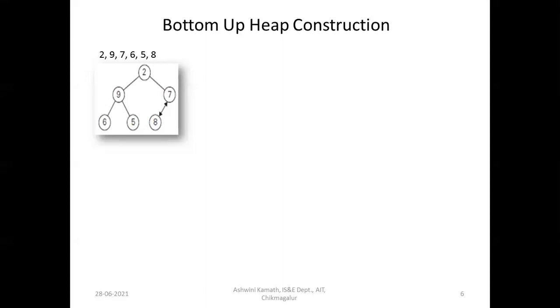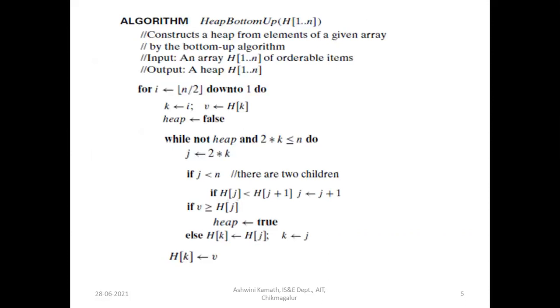You can notice that in whatever order we have the input, in the same order the binary tree is created level wise. Then we are going to compare the last leaf node with its parent. That's what we are doing here in the algorithm.